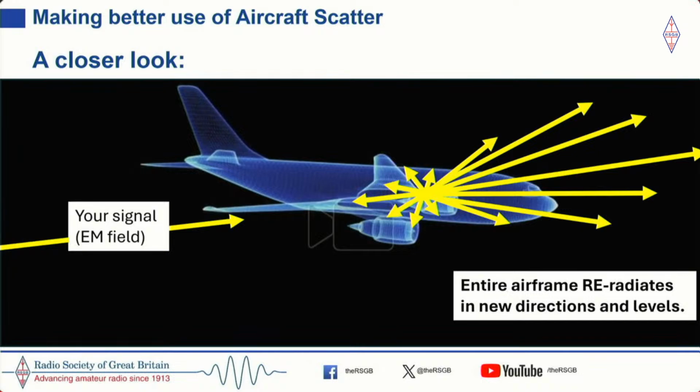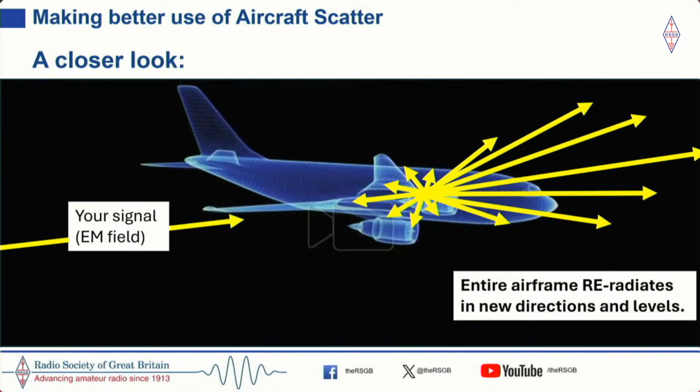But I've tried with this bunch of arrows to give you some idea of the magnitudes of the signals that will be re-radiated. Longer arrows mean stronger signals. And if that looks familiar, well, yes, it ought to be. It looks an awful lot like the radiation pattern of a directional antenna, a deliberately directional antenna, like a Yagi.